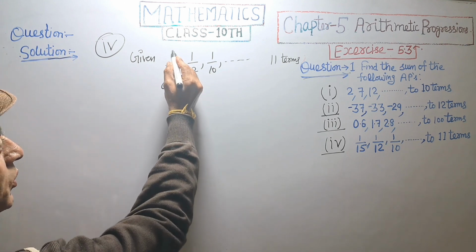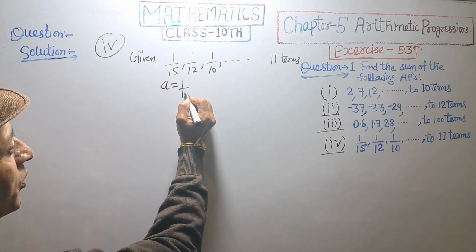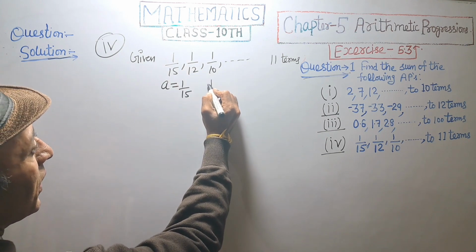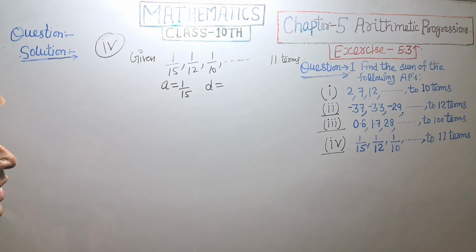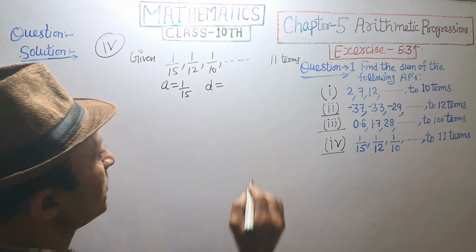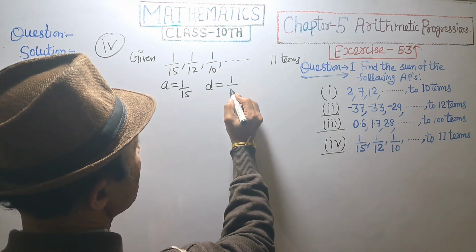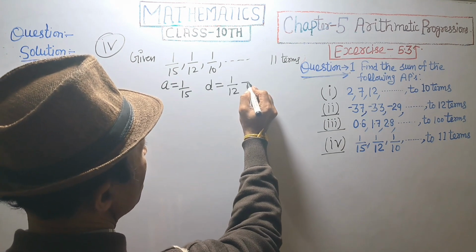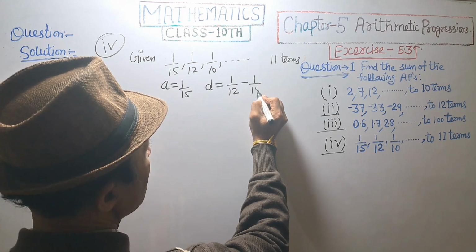A is equal to the first term, that is 1/15, and common difference D is equal to the second term minus the first term. The second term is 1/12 minus the first term 1/15.